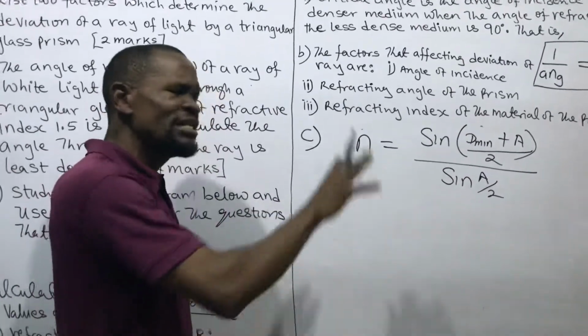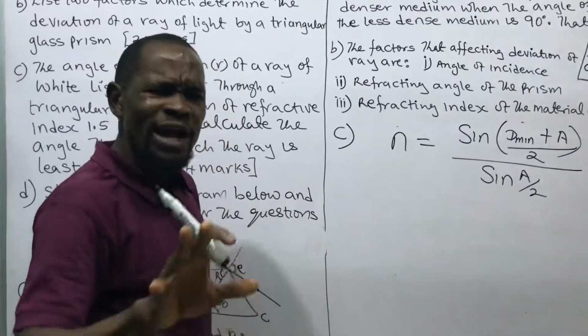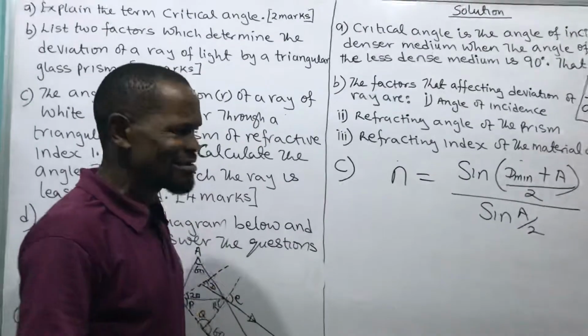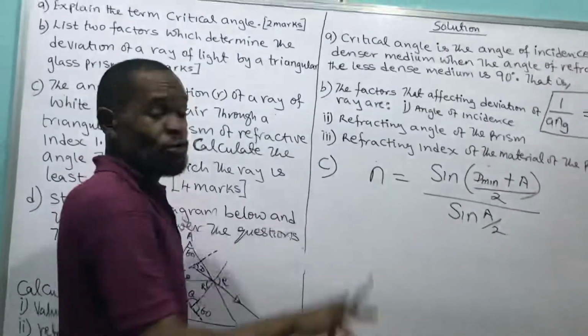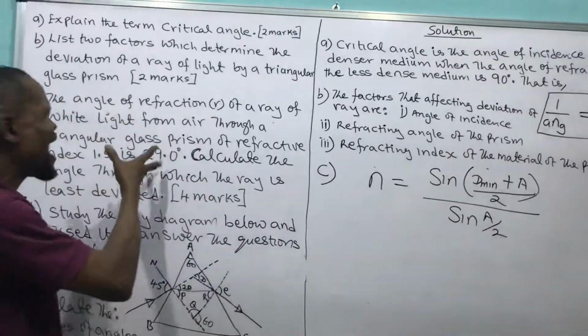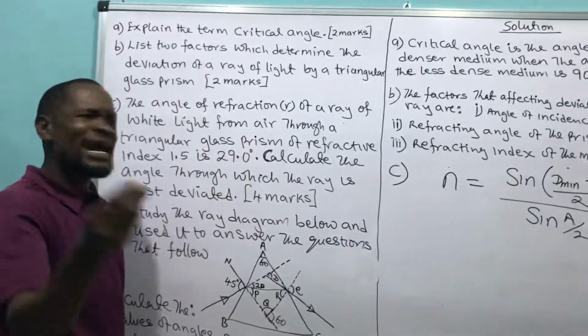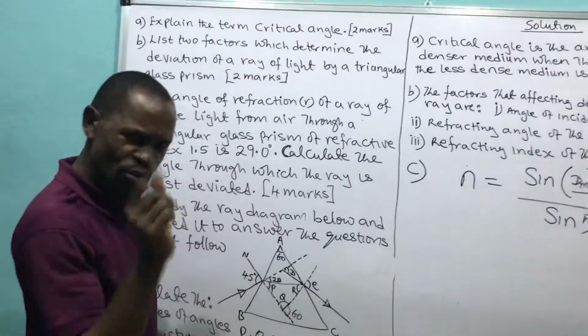Go and study this formula proved in our WAEC physics question and answer. We have done it. If you study it, this question will be easy for you. You will understand the question very, very well.